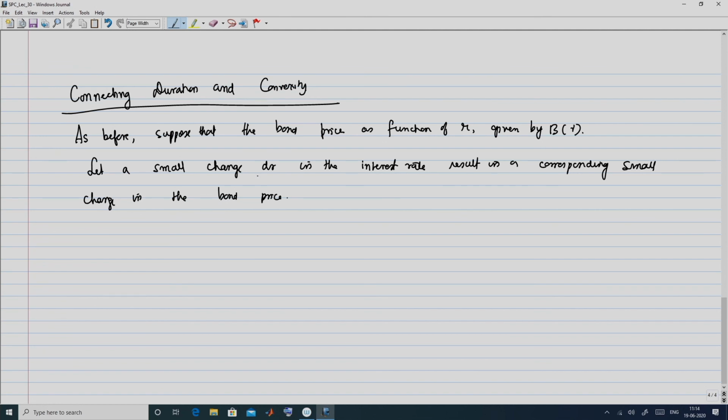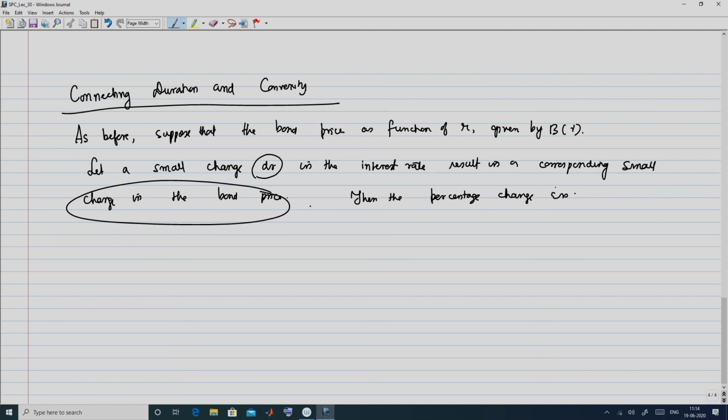So, if a small interest rate change of dr results in a change in the bond price, then the percentage change in the bond price is given by the following.